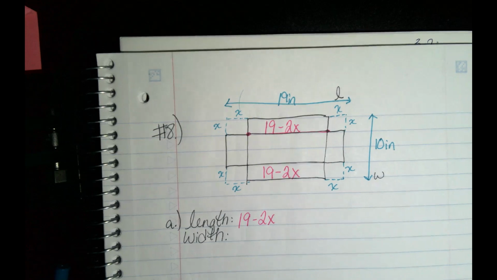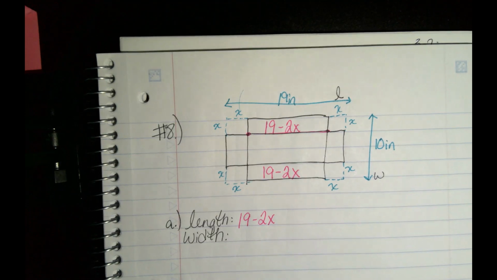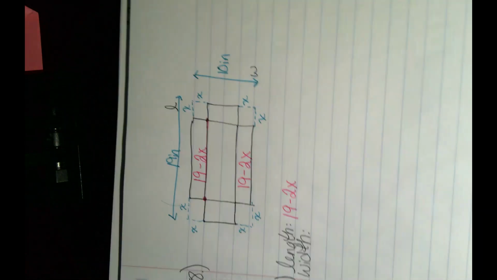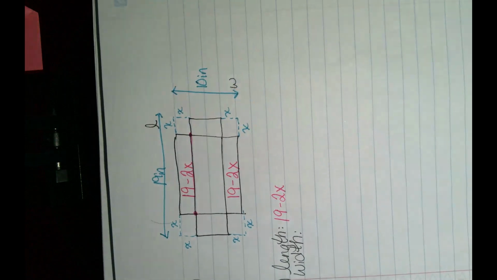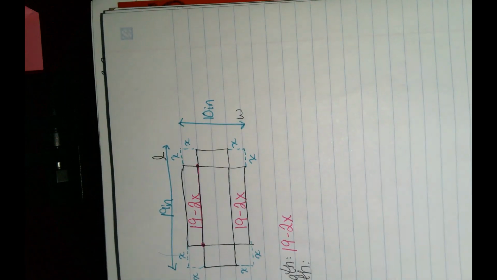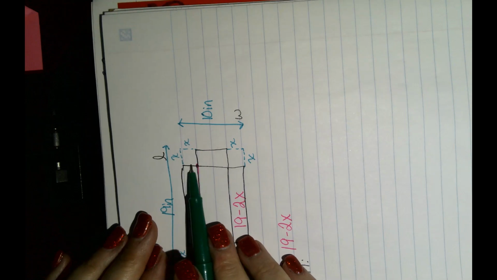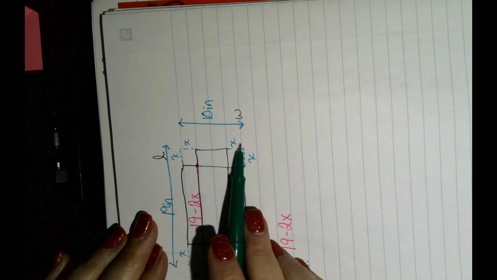Okay, I'm going to turn my paper here. Okay, to find the width, that's using the 10. And they told me that the entire thing is 10, but if you notice on the inside, they gave me a little bit too much information.